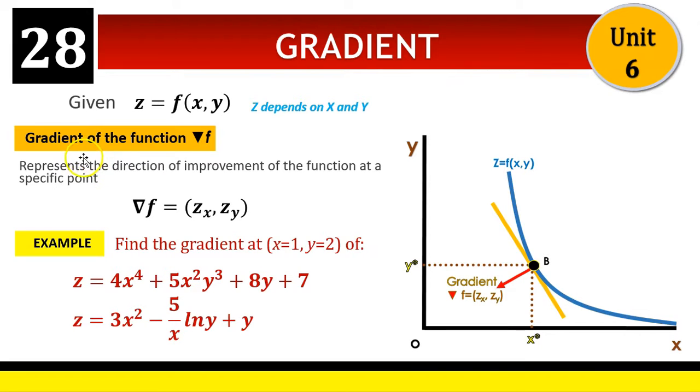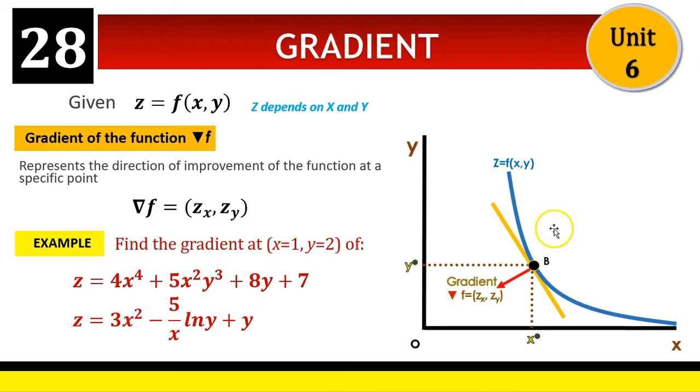Conceptually, the gradient represents the direction of improvement of the function at the specific point. Mathematically, the gradient of the function is a coordinate point. The first element is simply the partial derivative with respect to x, and the second element is the partial derivative with respect to y.